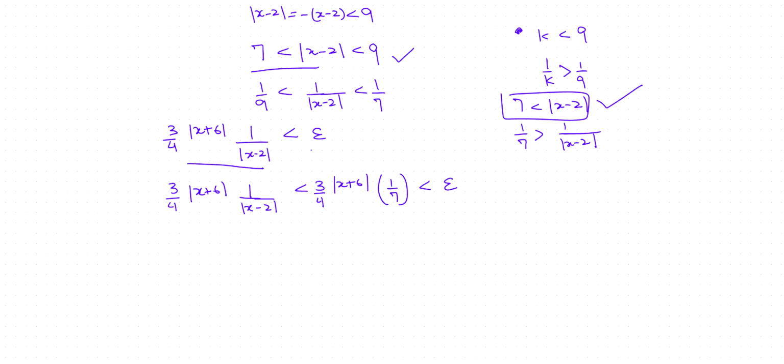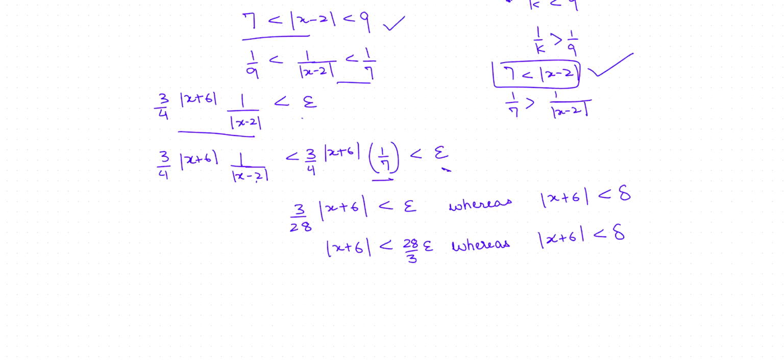And because this value 1 over x minus 2 is less than 1 by 7, if we replace it, it will still be less than epsilon. So instead of 1 over x minus 2, we'll replace it with 1 by 7. Now let's simplify this.